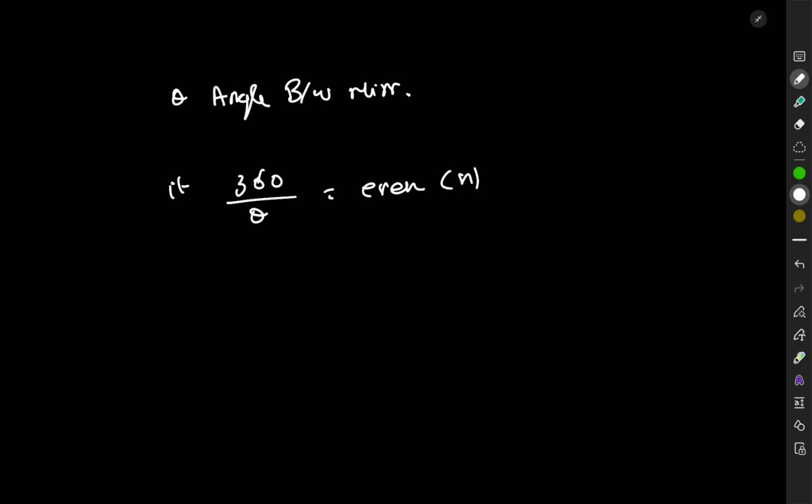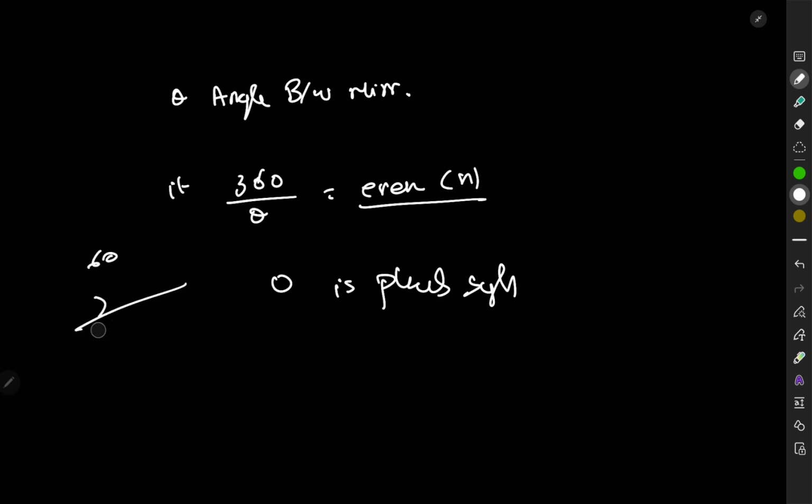Okay. This is a shortcut method. Fine. So if 360 by theta is even, and the object is placed symmetric, which means if it is a 30-30 angle and the object is placed in between, then the number of images formed is n minus 1. Similarly for unsymmetric angles also, it's n minus 1.